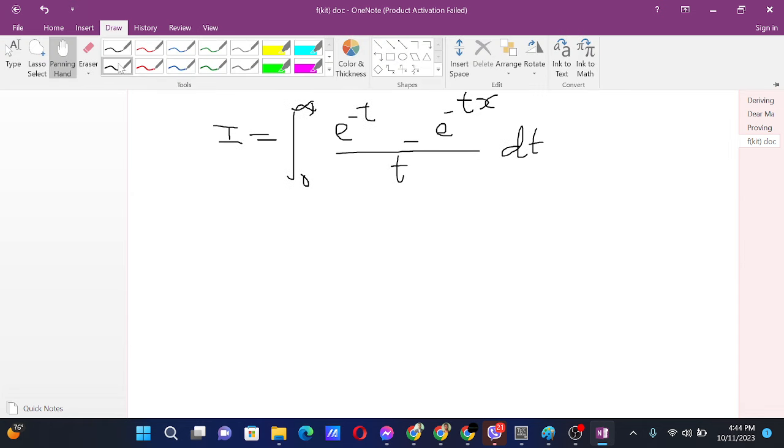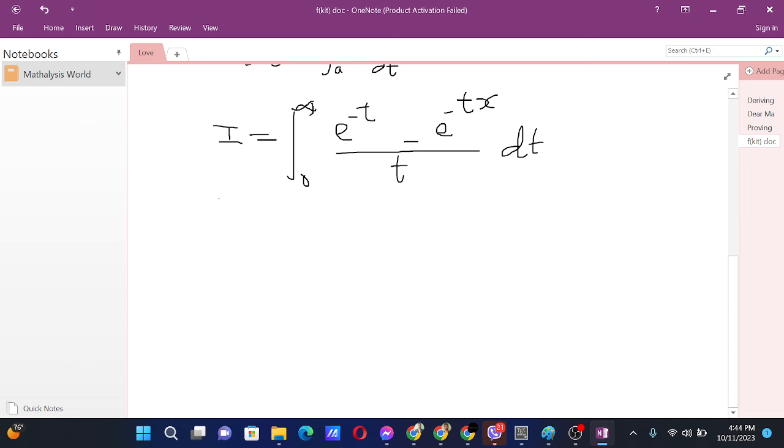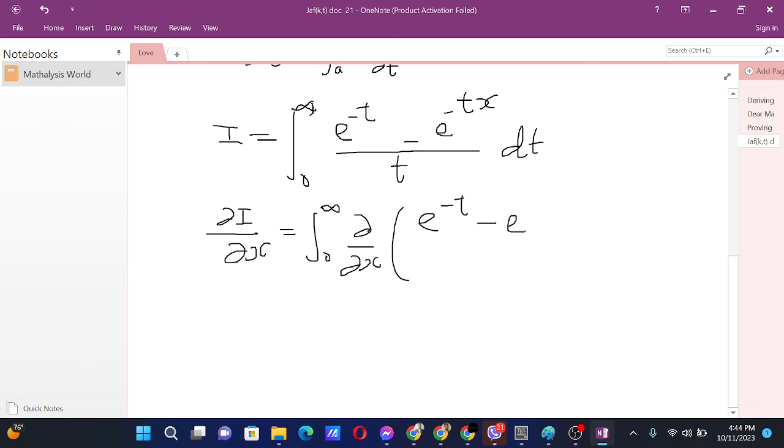We first differentiate it in the x world. If we differentiate it in the x world, we get dI/dx equals the integral from 0 to infinity of the partial derivative with respect to x of (e^(-t) - e^(-tx))/t, dt.